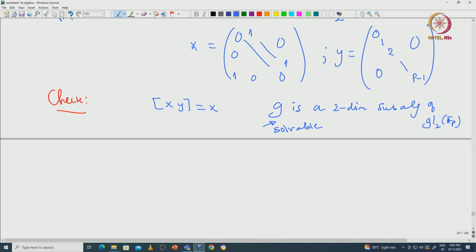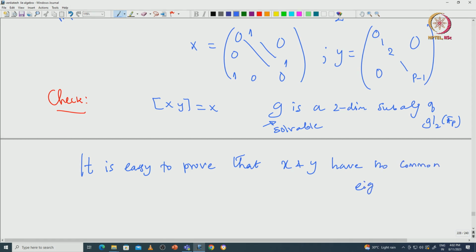So, it is easy to prove that x and y have no common eigenvector, because Lie's theorem says that over complex numbers any solvable Lie algebra will have a common eigenvector.